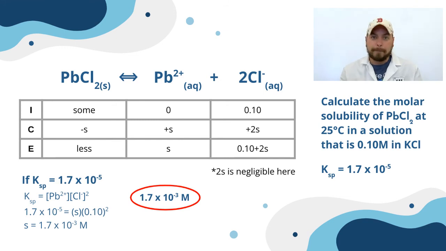Plugging them in, it's 0.1 squared times the concentration of lead, S, is equal to our KSP. We solve for S. S in this case is equal to 1.7 times 10 to the negative 3rd moles per liter. That means with the common ion of chloride present in this solution, the solubility of lead-2 chloride would be equal to 1.7 times 10 to the negative 3 moles per liter.